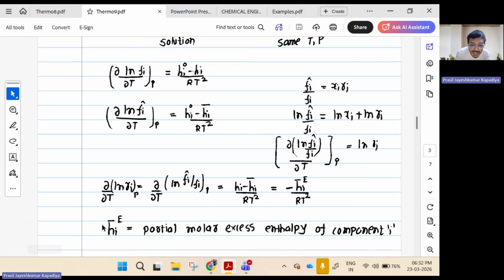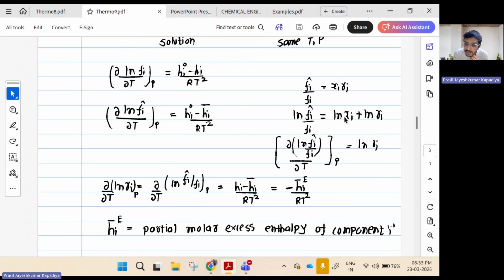So what is this ln fi cap by fi? We had a look: fi cap by fi is equal to xi gamma i. If I take ln, it is ln xi plus ln gamma i. And when I differentiate this equation with respect to temperature, we know that composition is not going to change with temperature.